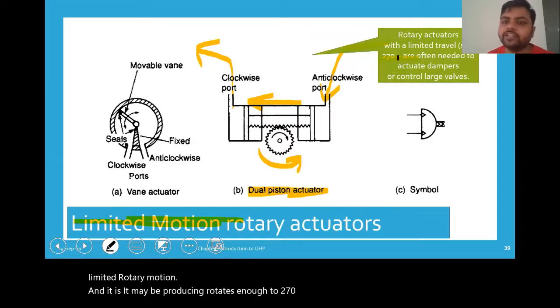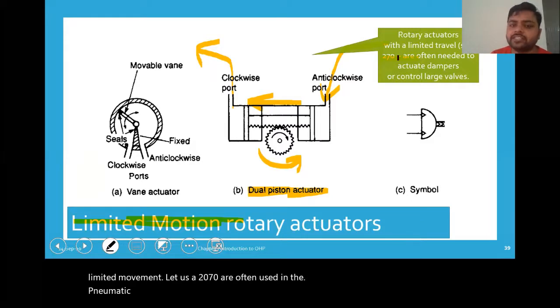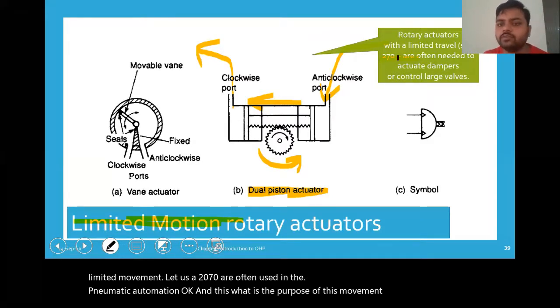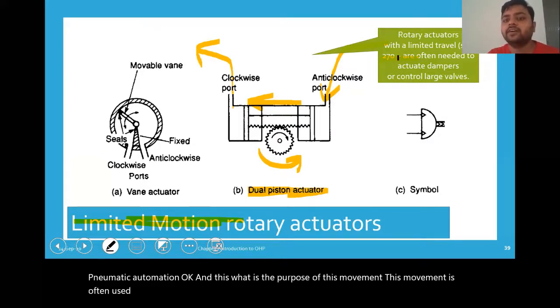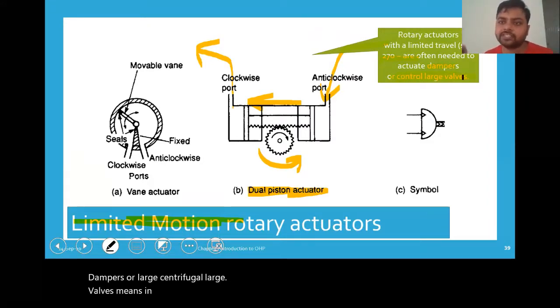Rotary actuators with limited movement, let us say 270 degrees, are often used in pneumatic automation. What is the purpose of this movement? This movement is often used for operating dampers or large valves in pneumatic or hydraulic systems.